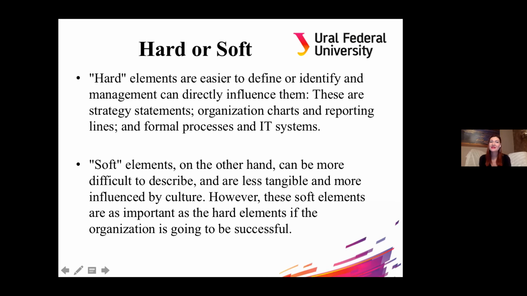So talking about hard elements, all the time it's easier to define or identify and manage them. It's strategy statements, organization charts, reporting lines, formal processes, IT systems. So hard elements, we can see them, we can feel them, and we can write a business plan, we can write a strategy, we can understand it for sure.